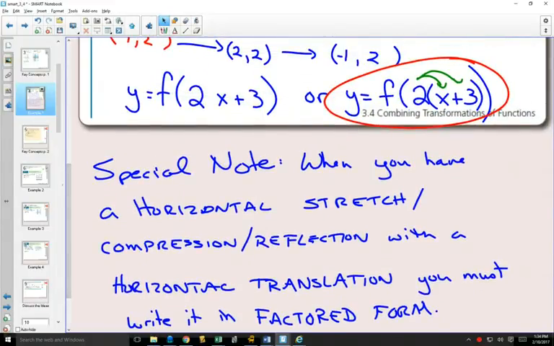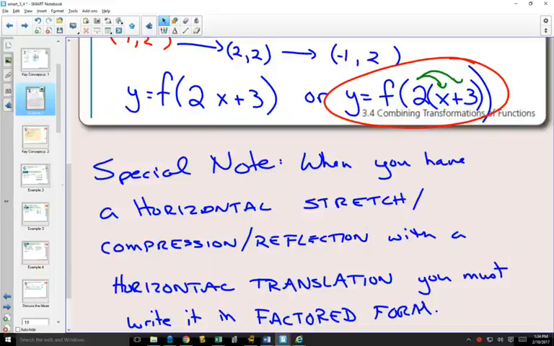Because you're going to be so tempted when you see an equation like this one written on the left, y equals f of 2x plus 3. I'm going to ask you, what's going to happen there? You're going to say, multiply x by half. I'm going to say, good. Then you're going to say, go 3 to the left. This one isn't 3 to the left.